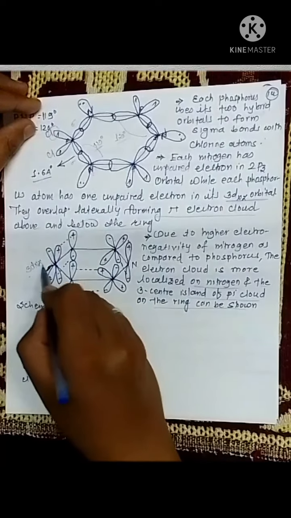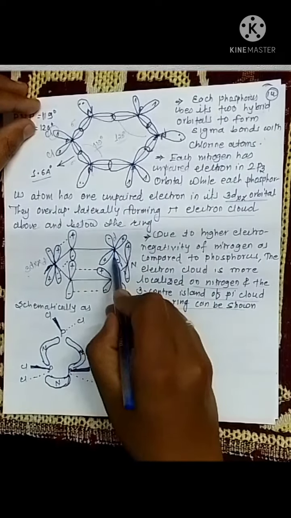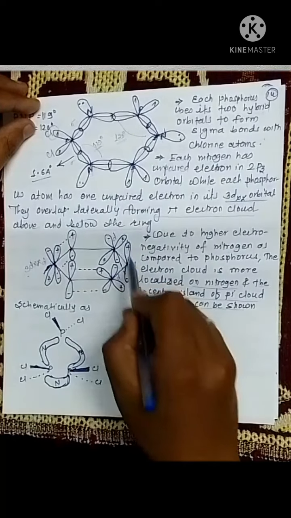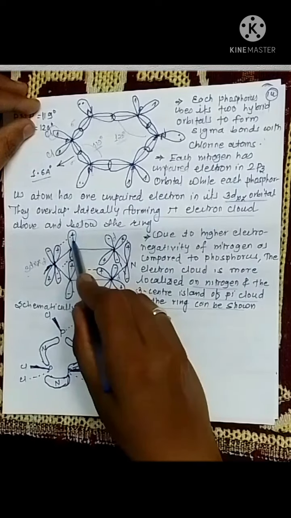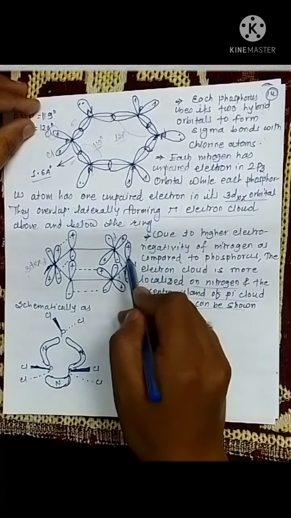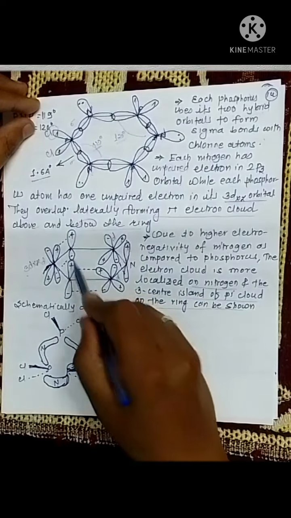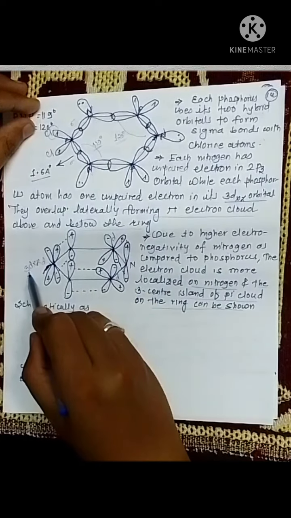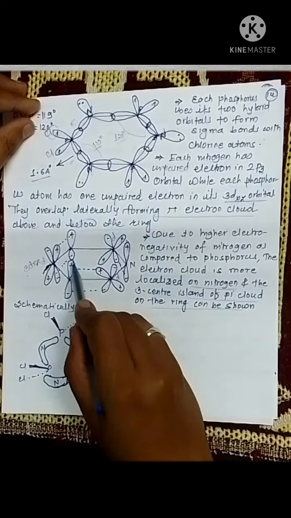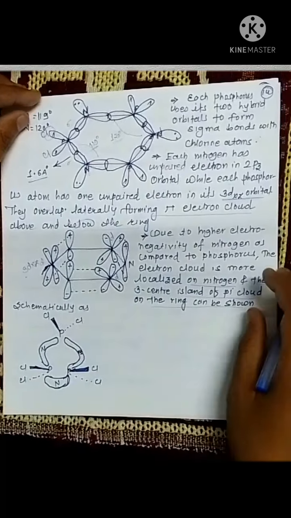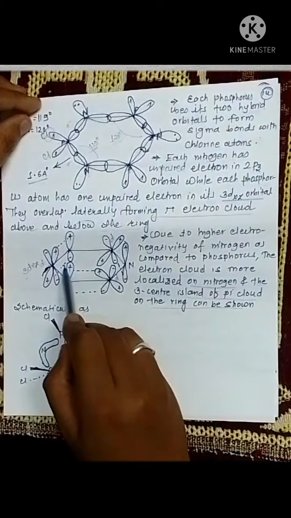In this hexagonal ring, this is the d orbital of phosphorus. There are three phosphorus atoms present in the hexagonal ring, while this is the 2pz orbital of nitrogen. So in the hexagonal ring there are three nitrogen atoms present. Basically the 3dxz orbital of phosphorus and the 2pz orbital of nitrogen overlap laterally, forming a pi electron cloud which is shown in the diagram.